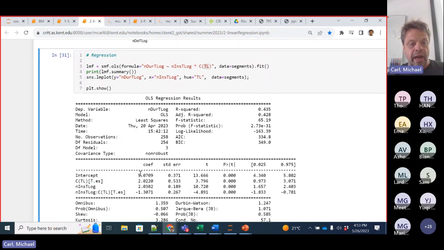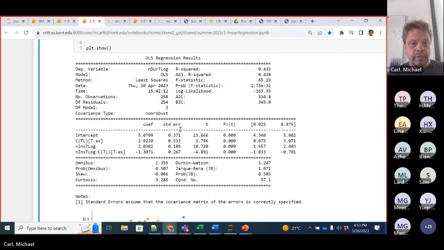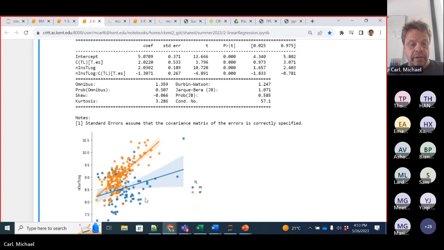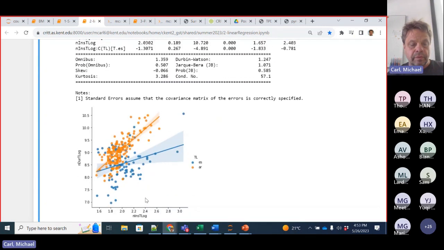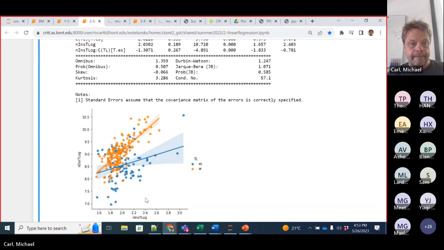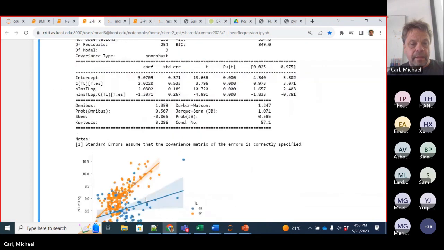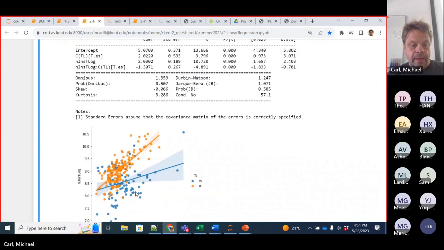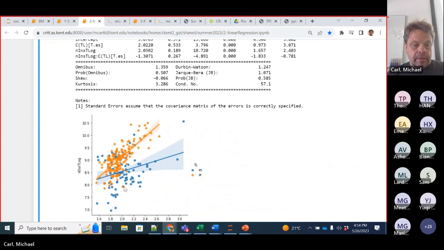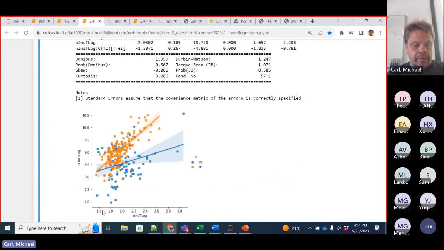So this is relative to this intercept here. If we look into this graph, you can see that this slope is much steeper, as we already saw before, and this is 1.6.